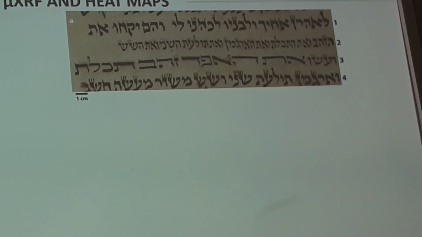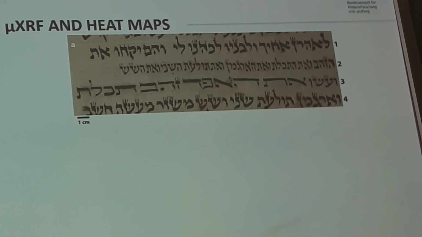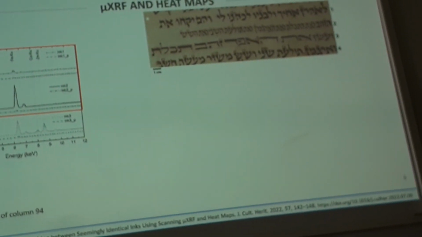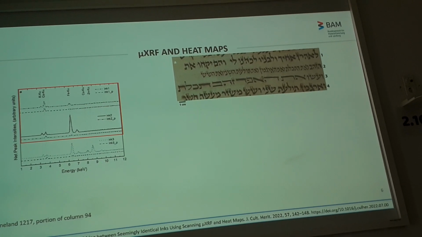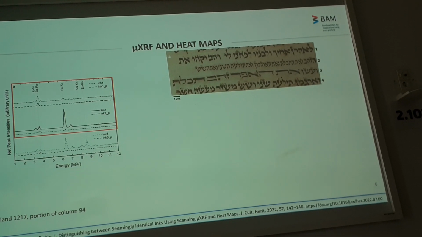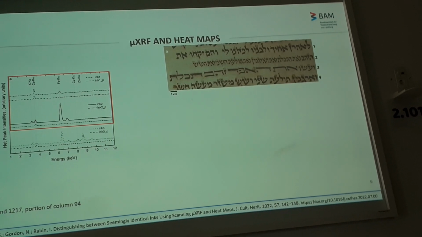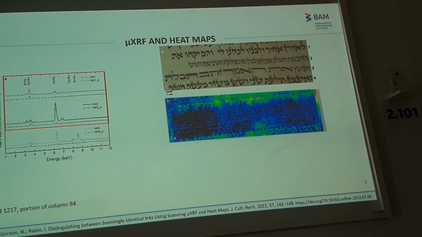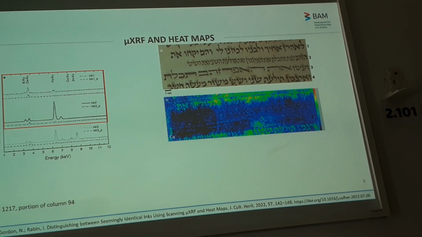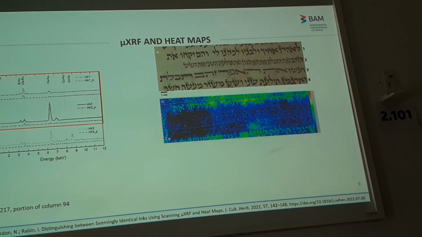Here we're looking at a small crop out of one of the scans that we conducted on this Hungarian scroll. The 4 lines numbered here help us follow what we revealed while using imaging XRF and using the way of presenting the data as heat maps.